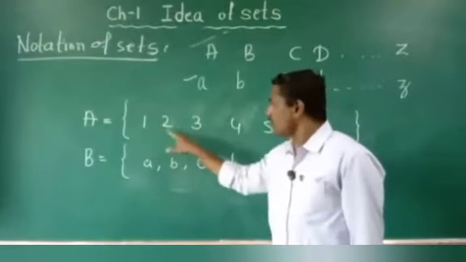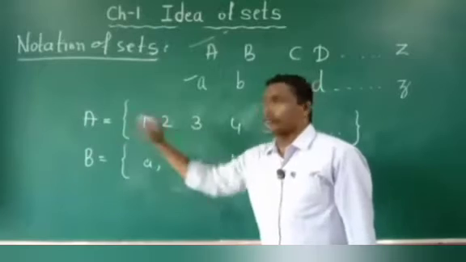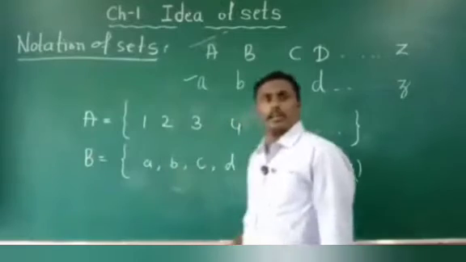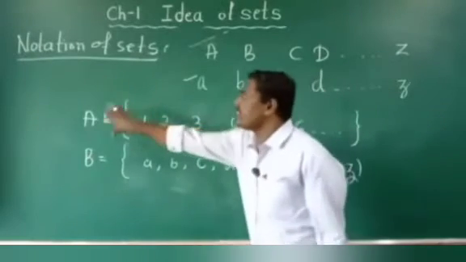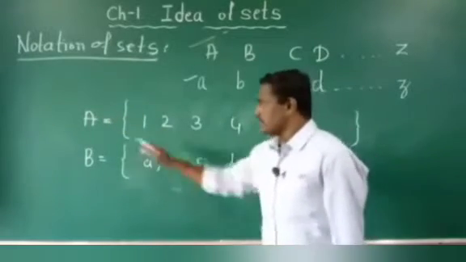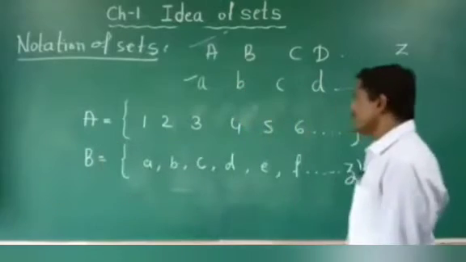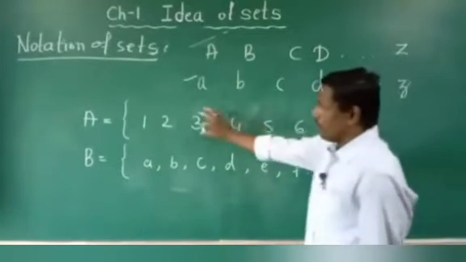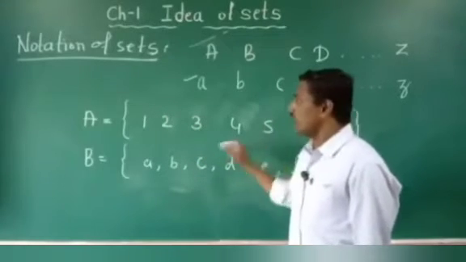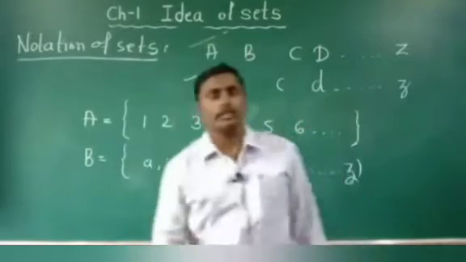Here these are the elements of set A. 1 is a member of set A, 2 is a member of set A, 3 is a member of set A, because these all belong to the same set A, right? Or B is an element of set B. So by giving some spaces or by inserting commas we can denote the set.